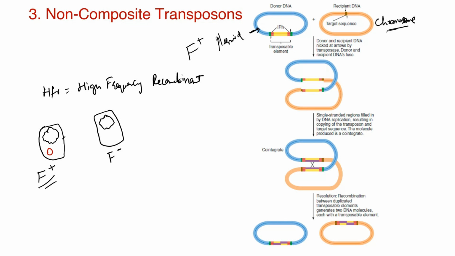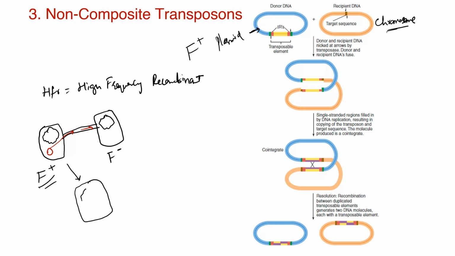It will form a conjugation tube, and a copy of this plasmid will then be transferred to the F negative bacteria, which then changes into F positive. Sometimes what happens is that this F plasmid in the F positive bacteria gets integrated into the chromosome.